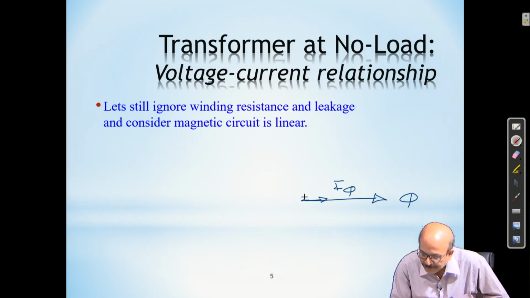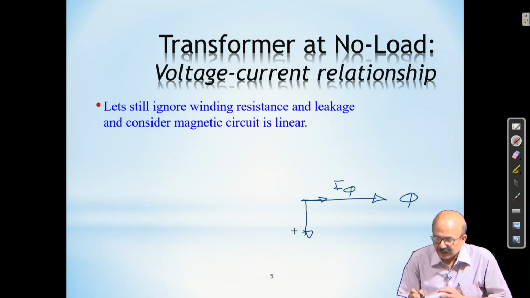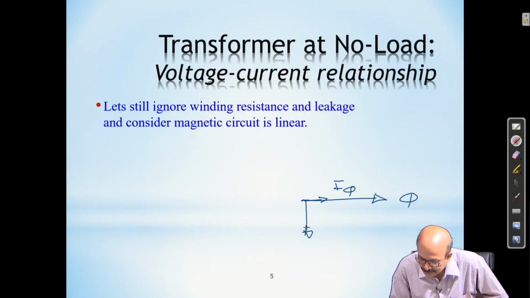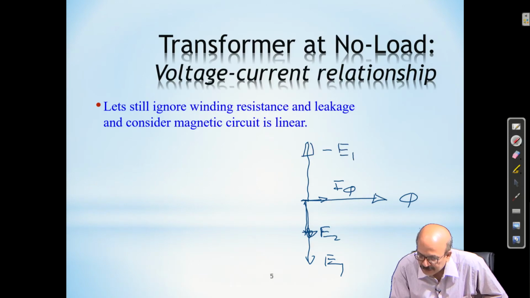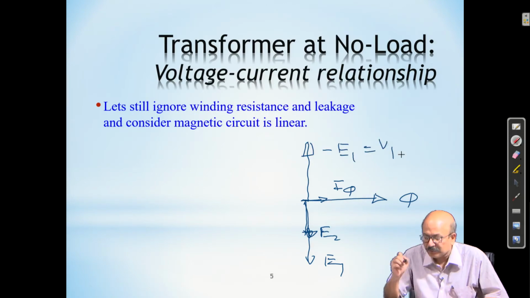Suppose it is a step down transformer, so E1 will be more. Suppose this is E1, this is E2, and on the other side you can go to minus of E1, and that will be your V1. Simple phasor diagram.